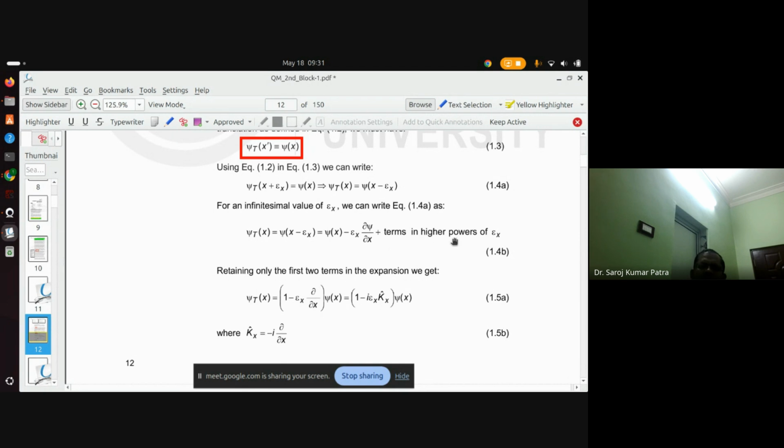So that will continue. But epsilon x is very small. So terms higher in power of epsilon x, like epsilon x square, epsilon x cube, will go to 0 because epsilon x is small. If you are making the square, then it will be even smaller. So retaining only the first two terms in the expansion, we are neglecting this part.